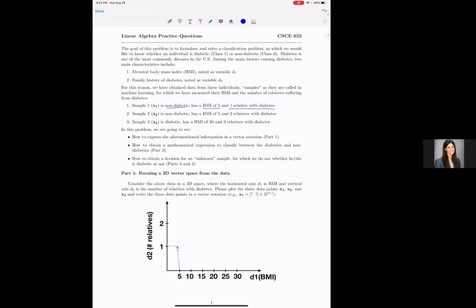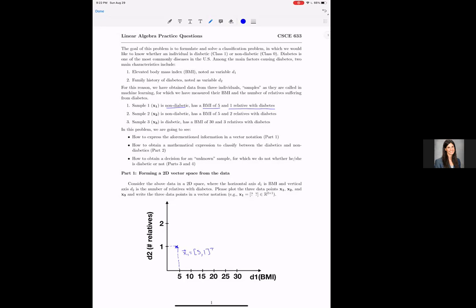I'm just going to use this X to denote the non-diabetic class, and I'm going to use another sign to denote the diabetic class. If I were to write X1 in a linear algebra notation form as a vector, it would be X1 equals 5, which is the first dimension, and 1, which is the second dimension.